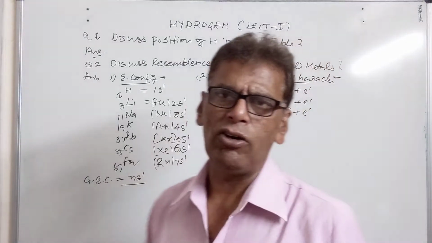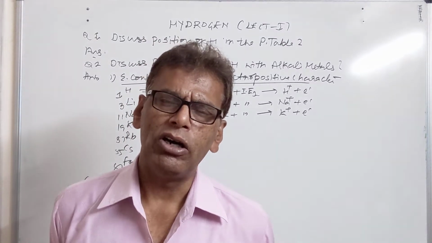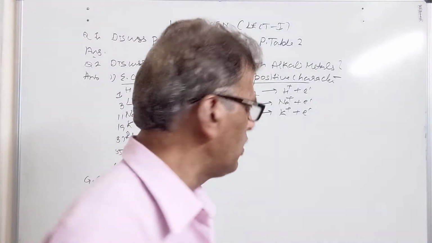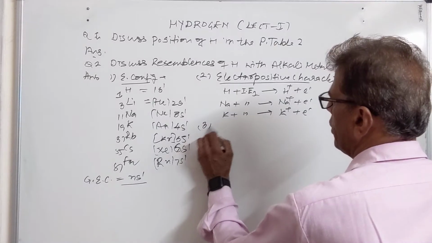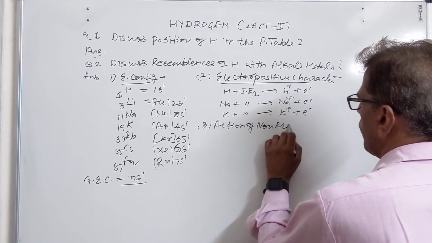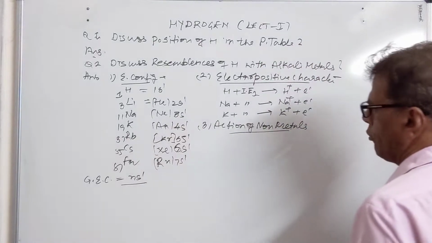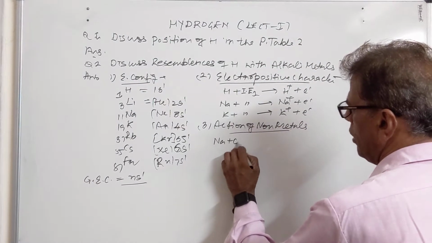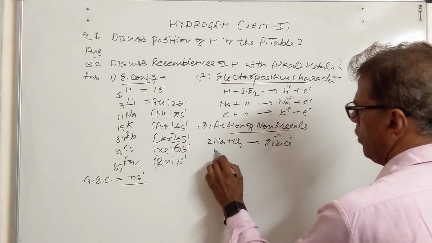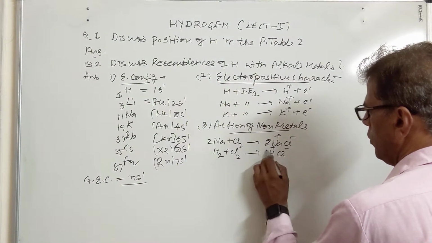So this characteristic of alkali metals and hydrogen resembles mutually, because both of them are capable of releasing one electron by absorbing a small amount of energy. Then we have action with nonmetals. Just like alkali metals, which are electropositive metals, hydrogen can also behave as an electropositive element. Alkali metals combine with nonmetals to give salt-like compounds. H2 combines with Cl2, it also forms a salt-like compound.